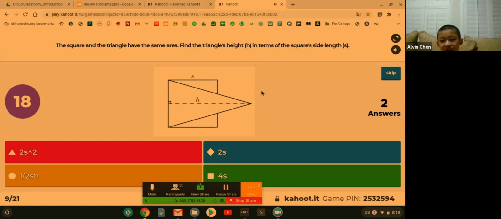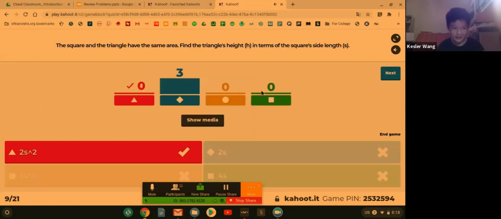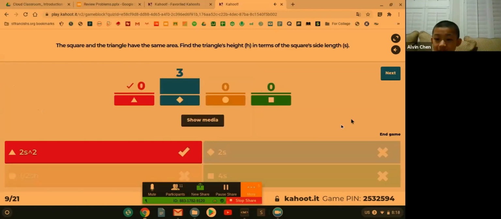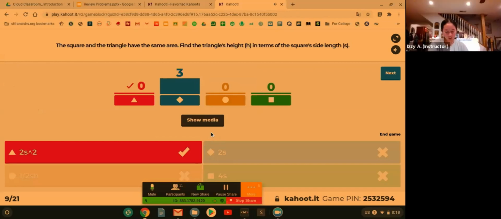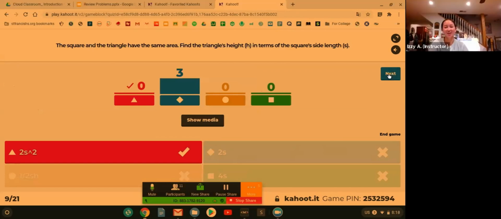The picture is trying to trick you, because if you look at the picture, it doesn't look right, but it's right. So choose your answers. May the force be with you. Oh wait, that should not be the correct answer. Sorry, it should be 2s. It should not be 2s squared.